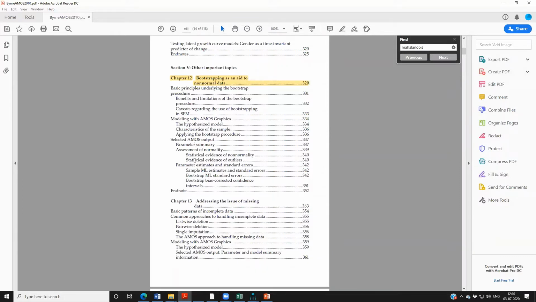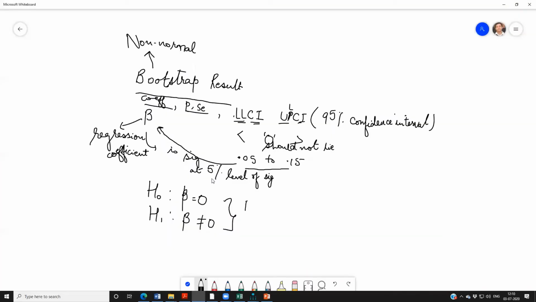If you have non-normal data, and we saw in our previous runs that our data is non-normal, you should always do bootstrapping, and that is what I am going to show you right now.